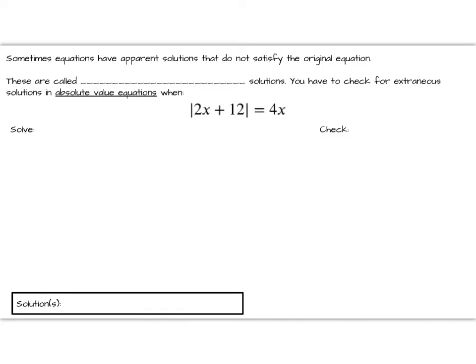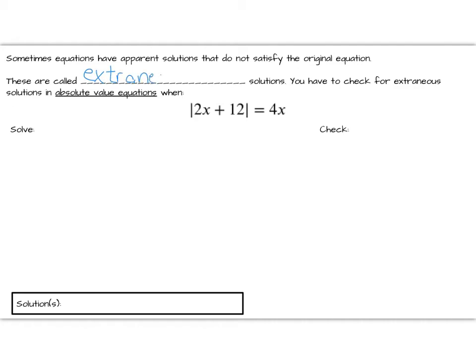We have seen before that sometimes when you've got variables on both sides of the equal sign, and now that we've got variables and absolute value symbols on both sides of the equal sign, some weird things happen. Sometimes we get things that we think are solutions, but they don't satisfy the original equation, and those are called extraneous solutions.